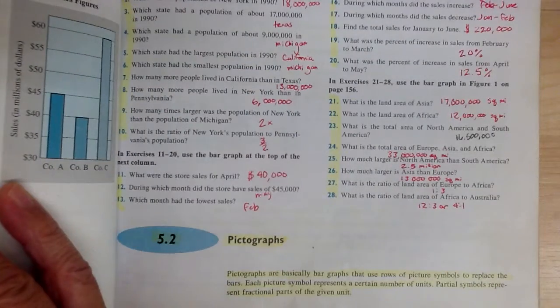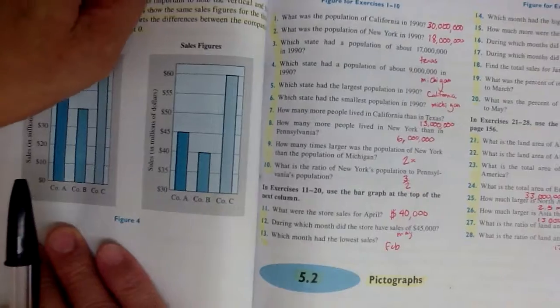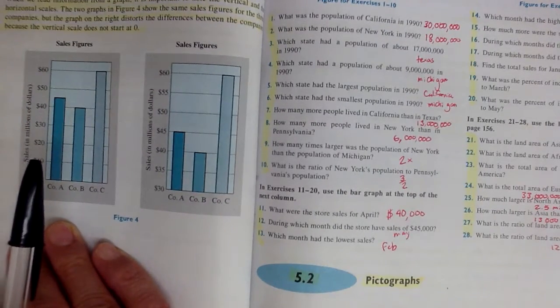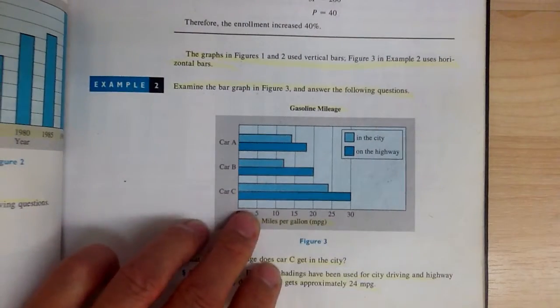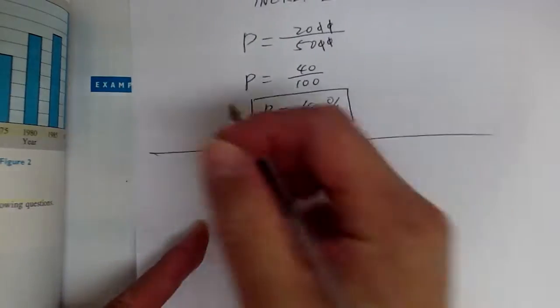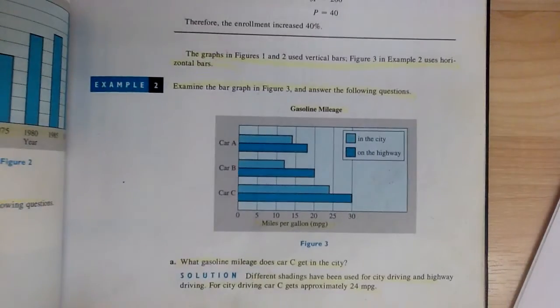Okay, now go back and look at C. What is the ratio of car C's gasoline mileage in city to mileage in the highway? So again, you look at car C and compare city to highway. So this is example 2, and this one you have to do a little bit of calculation.